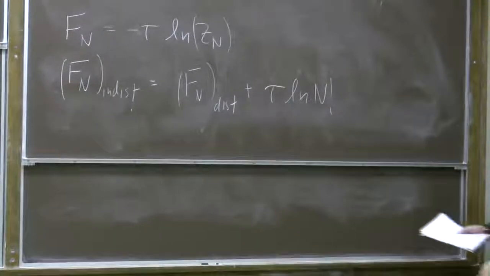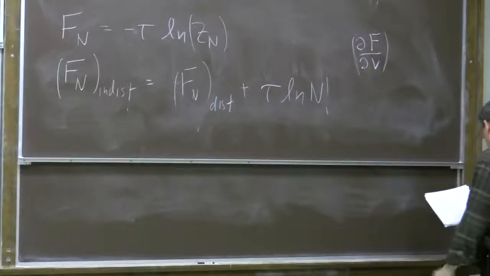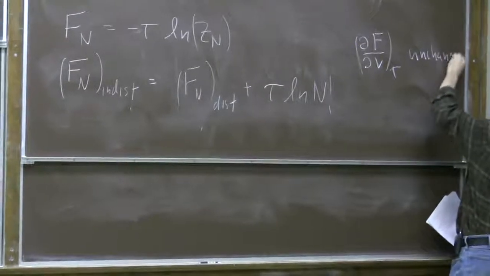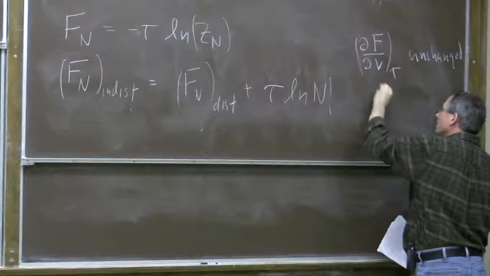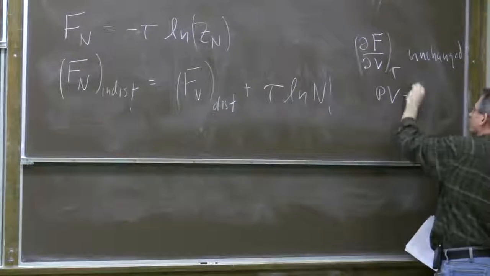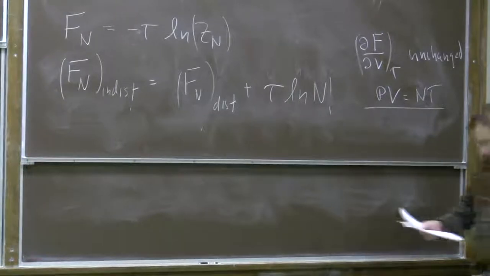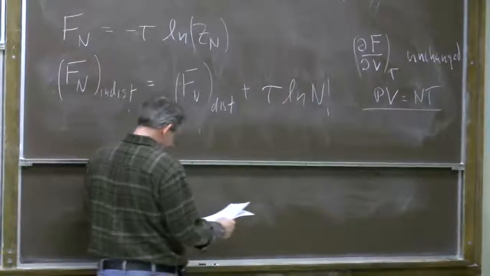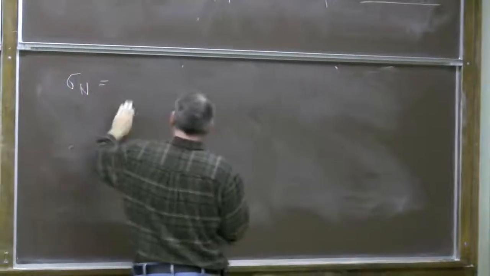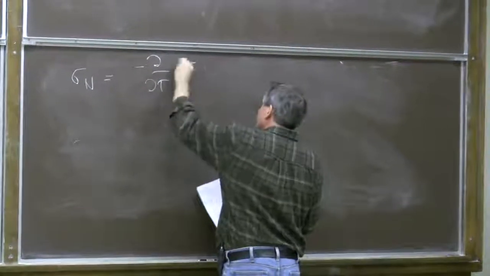When we differentiate the free energy with respect to the volume, with tau fixed, well, that's again going to be unchanged. So we'll still have the ideal gas law, PV equals n tau. But when we calculate the entropy, something does change. Because the entropy for n particles was minus derivative with respect to temperature of free energy with volume fixed.